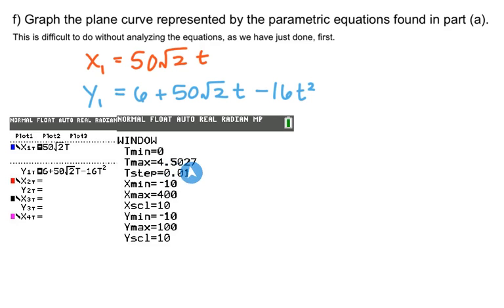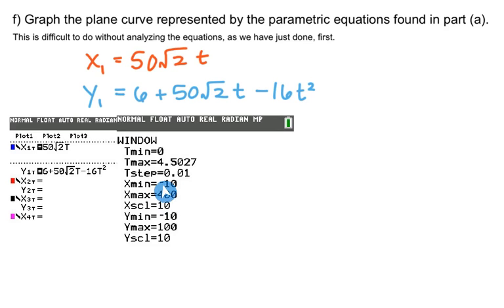And that 4.5027 is coming from the time when the ball hit the ground. So we found that time within the problem. So that's our restriction on t. This problem only exists for t equals 0 to t equals essentially 4.5. Set the t step as just 0.01, 100th.